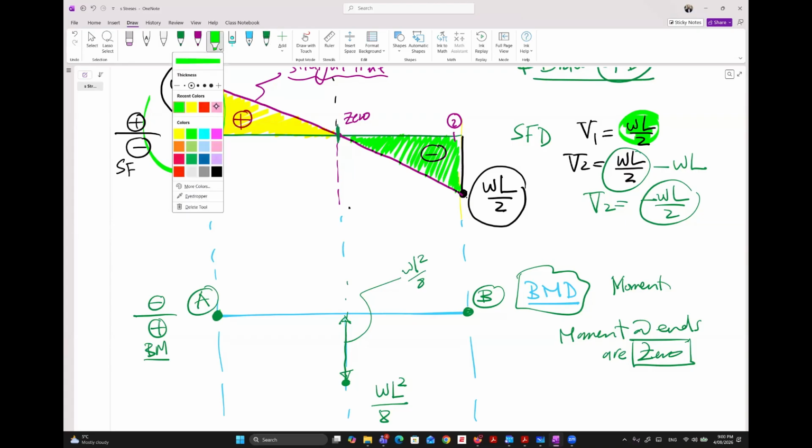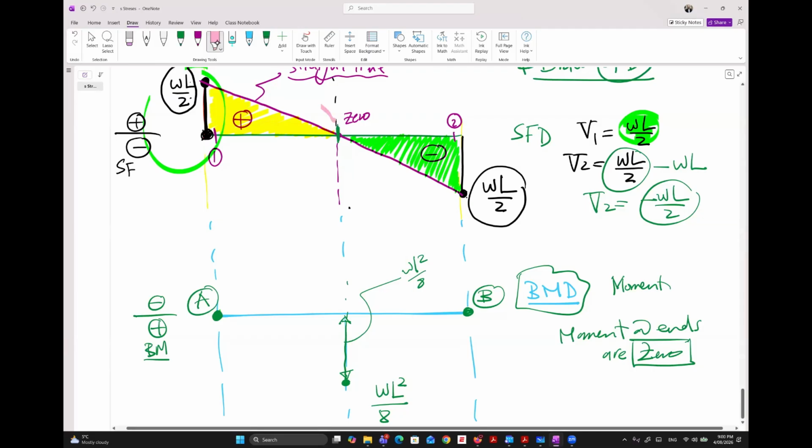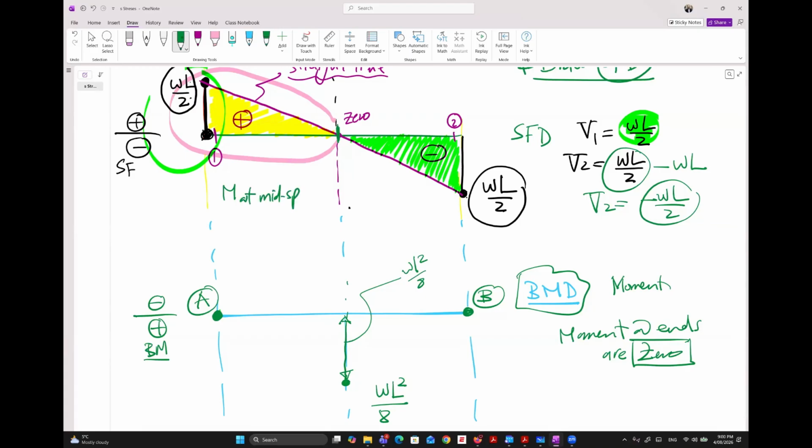Similar to what I have done in the previous step, the moment at this point will be the area of this part. So the moment at mid-span equals the area of the triangle. Do you know what is the area of the yellow triangle, guys?